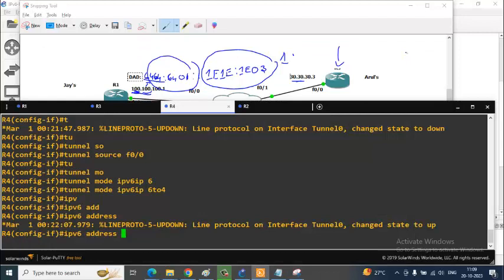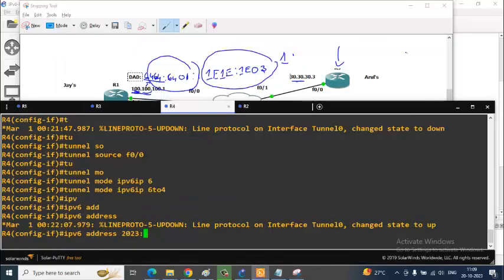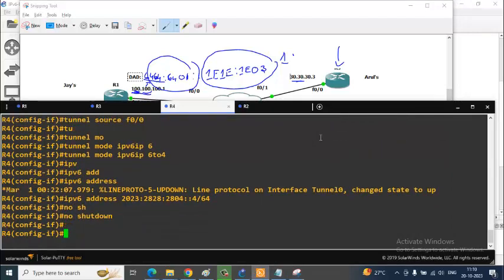I'm going to say 2003:2023:2828::2804/64. All right, actually our tunnel is ready.